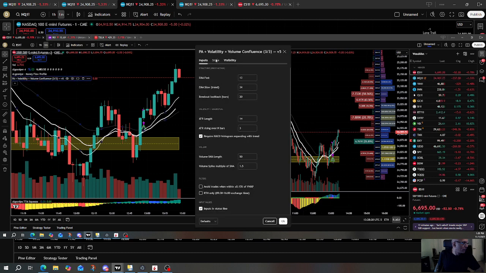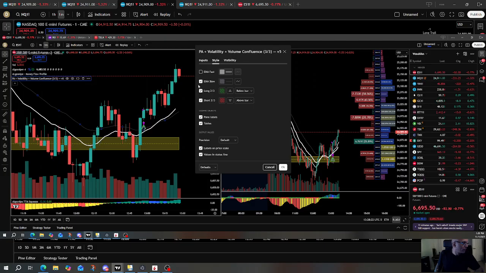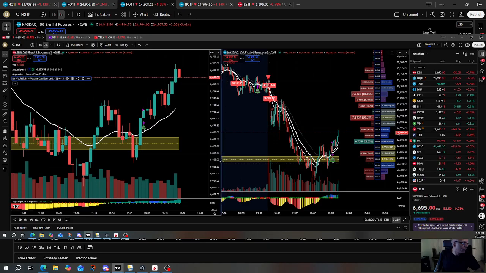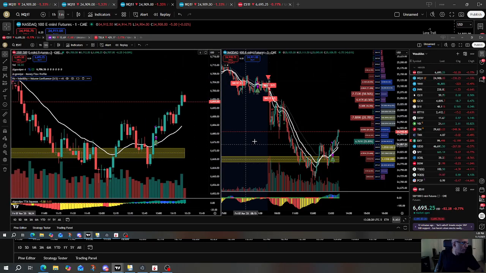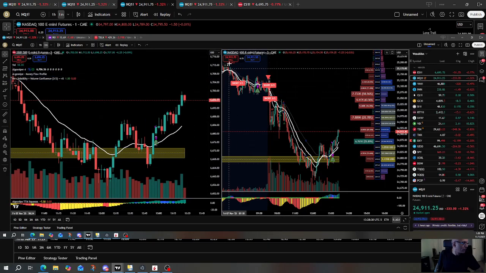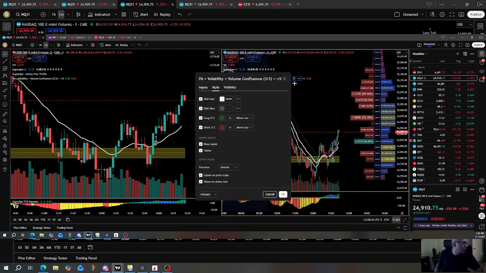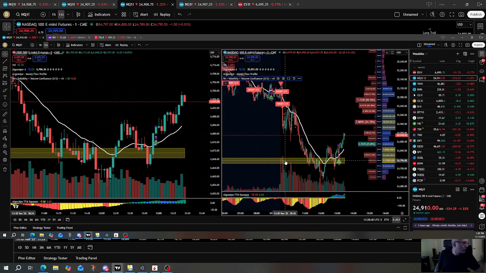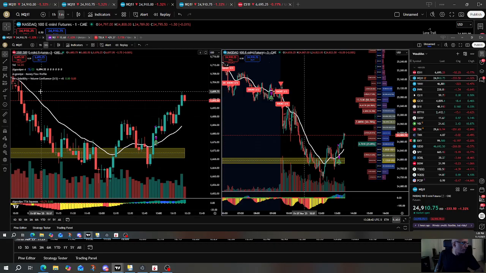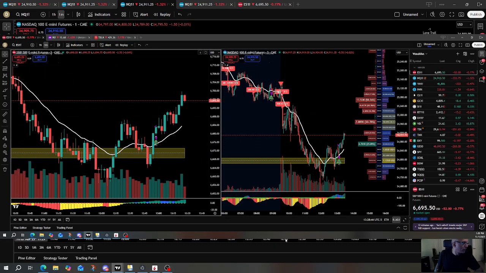Too many lines. Let's get rid of these. I like a cleaner chart. Now it looks much better, much cleaner.